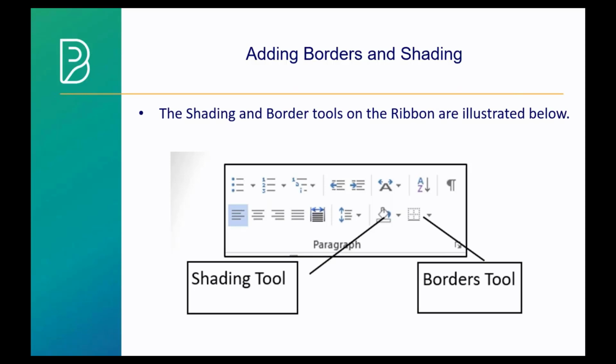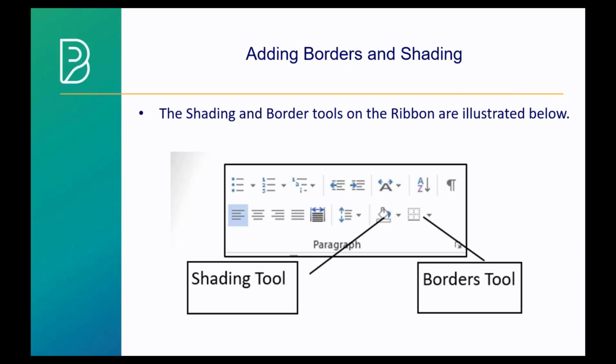The border and shading tools on the ribbon make it easy to create simple borders or shading, and the Borders and Shading dialog box allows you to customize your borders and shading. The border menu includes some options that only apply to tables. And the shading and borders tools on the ribbon are shown in the example.